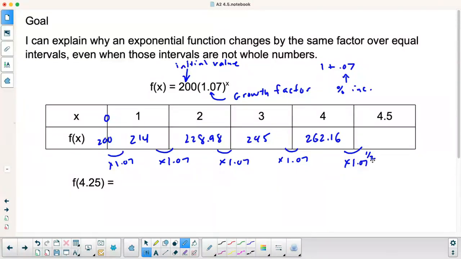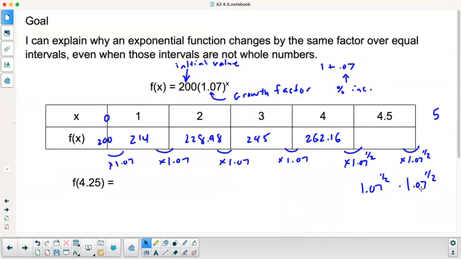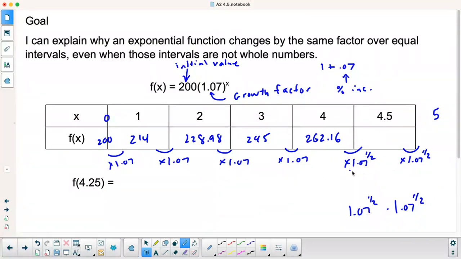Because if I multiply 1.07 to the 1/2 times 1.07 to the 1/2, you'd add the powers, and the whole thing from 4 to 5 would be times 1.07 to the first.